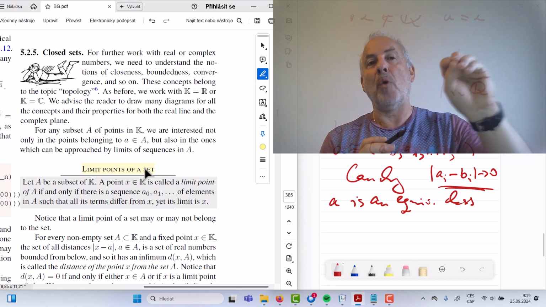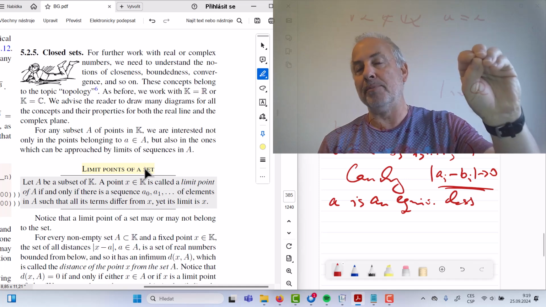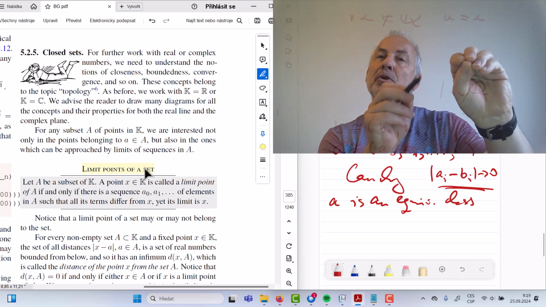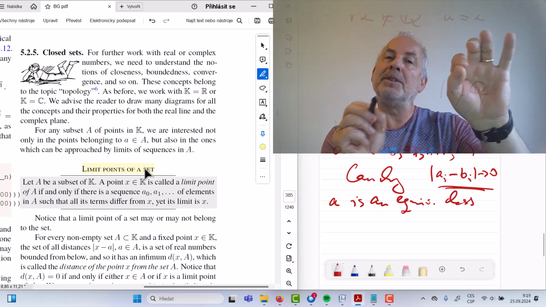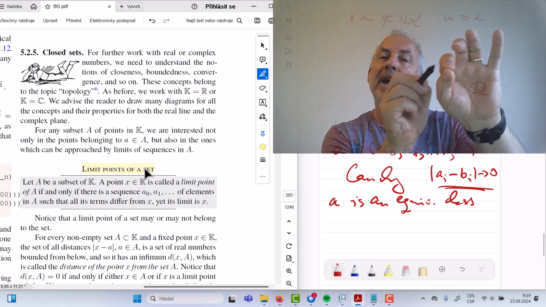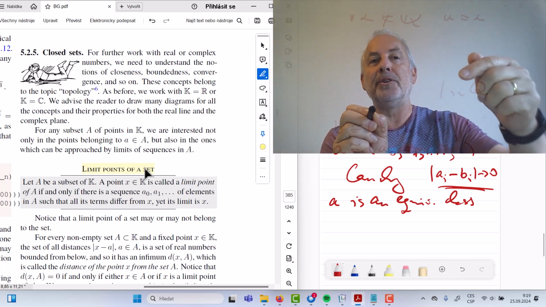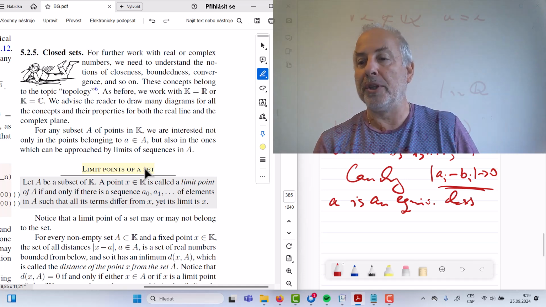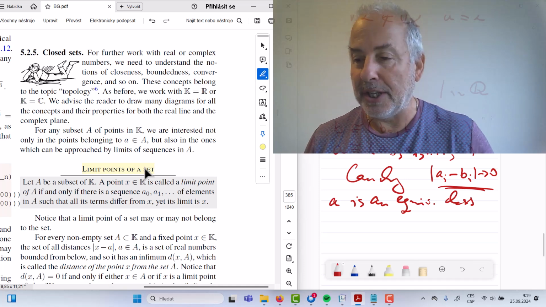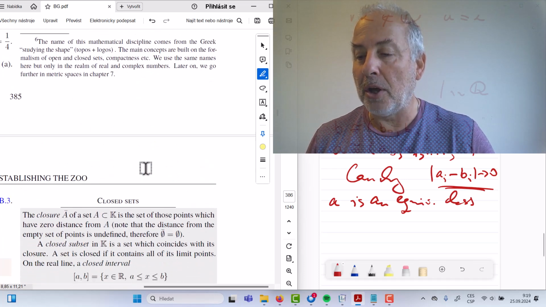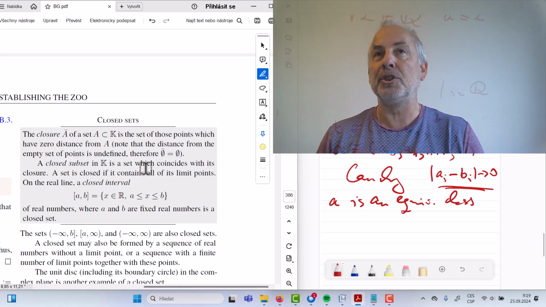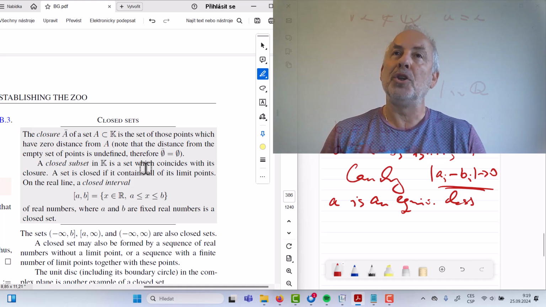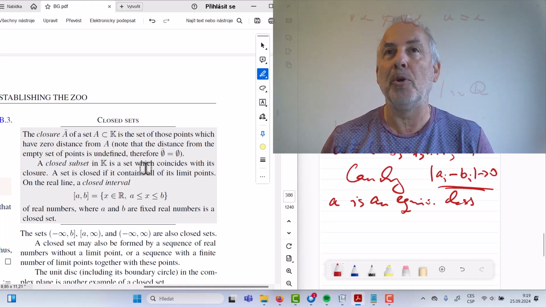So if you have one isolated point, then it's not a limit point. But if you converge to any point by some sequence inside of your set A, then independent of whether this limit point is inside or outside of A, it will be called a limit point, right? So that's the basic concept. And closed sets, as you can imagine, are the sets which contain all their limit points.